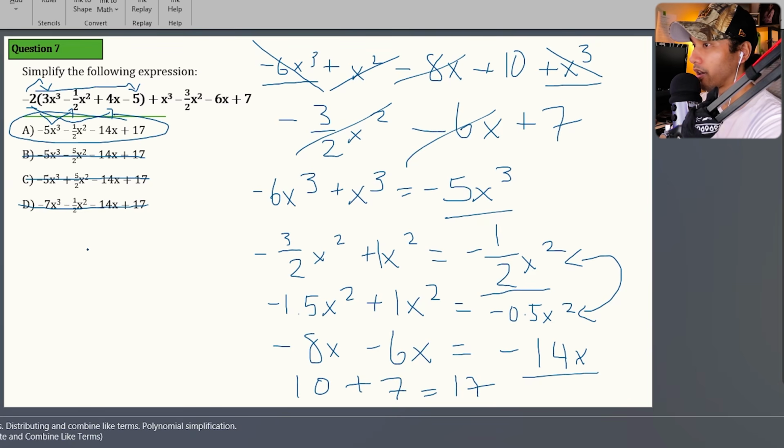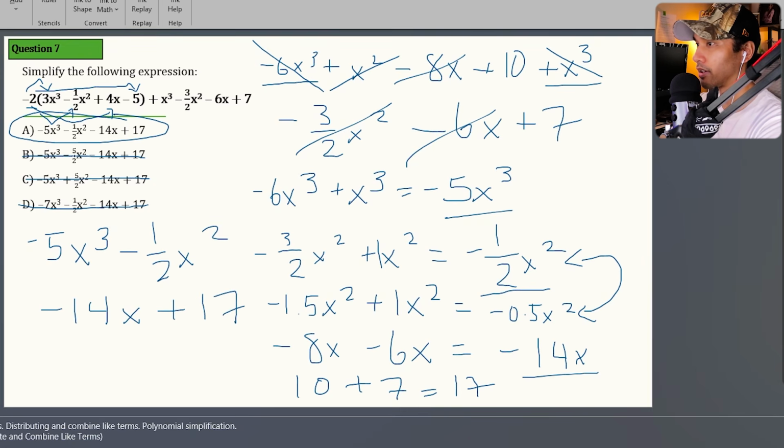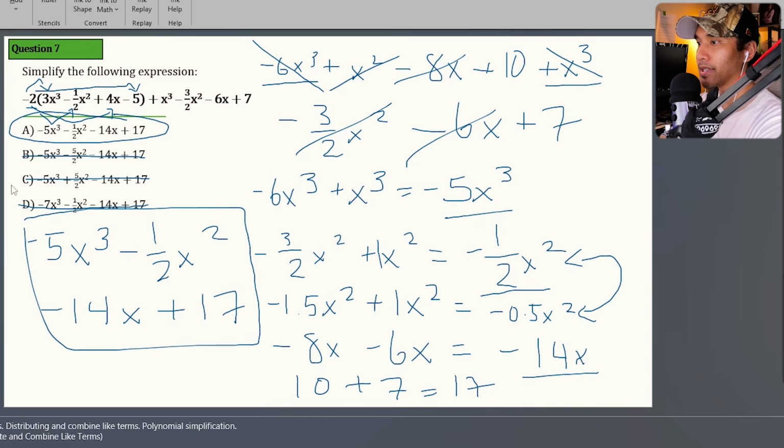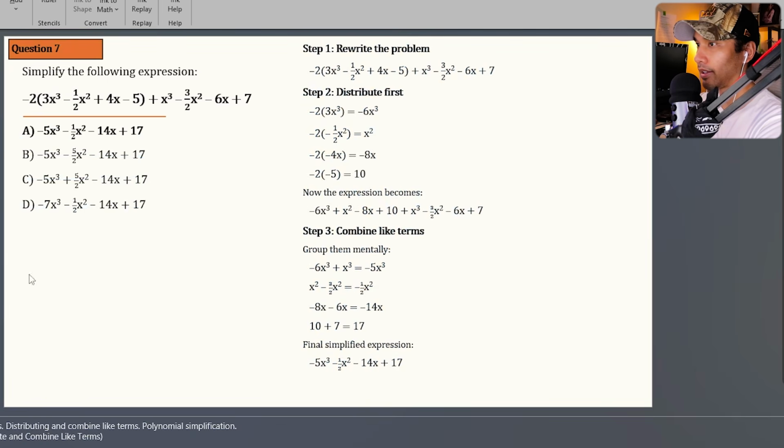And then we have our fully simplified expression, which is negative 5x cubed minus 1/2 x squared, and then minus 14x plus 17, which is this right here, which is A.